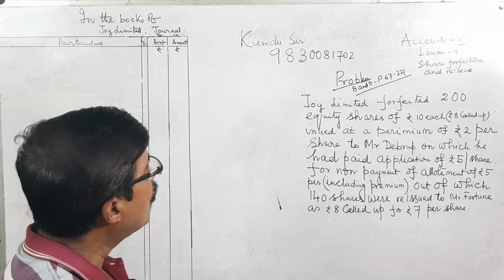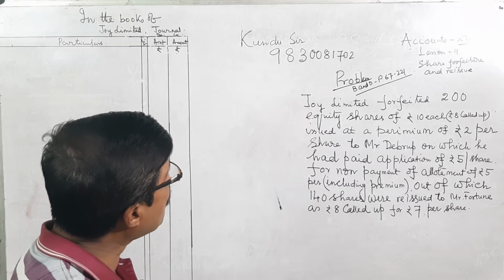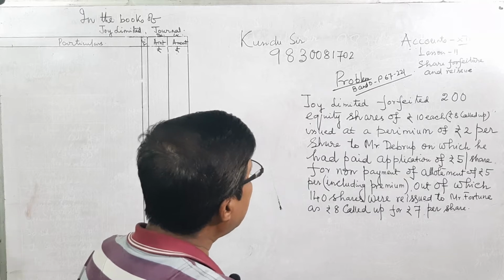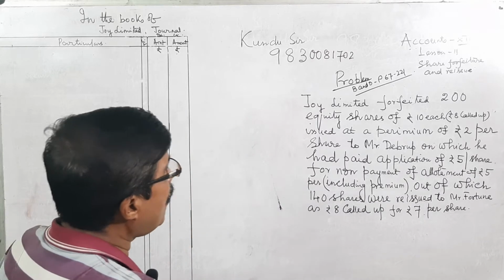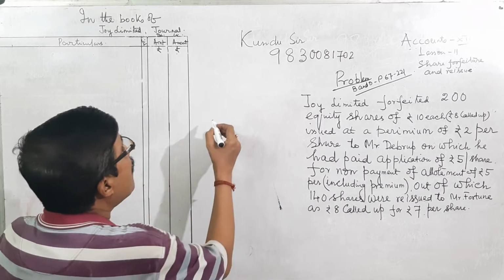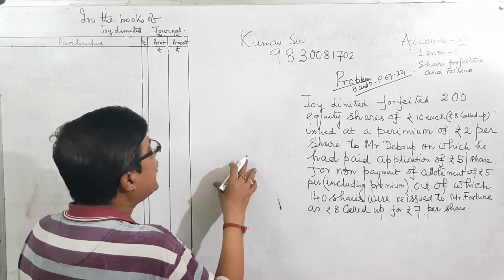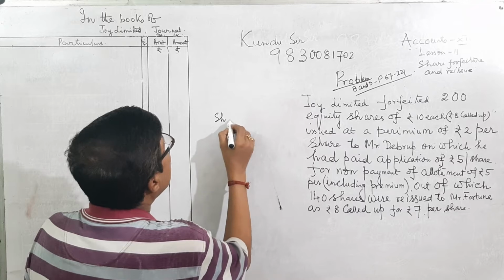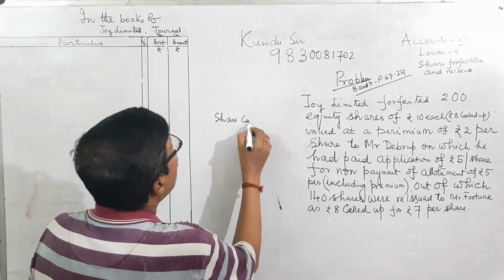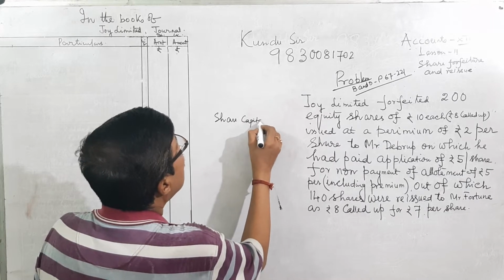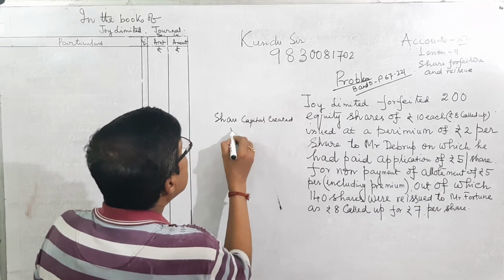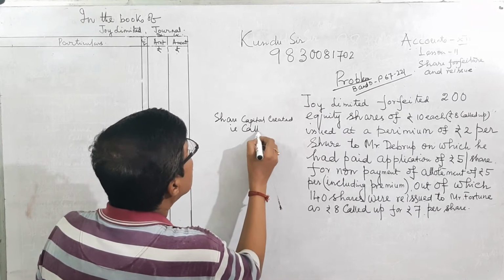First, we have to start only from share forfeiture. Before passing the journal entry, the called up of the face value, that means share capital created, that is called up.